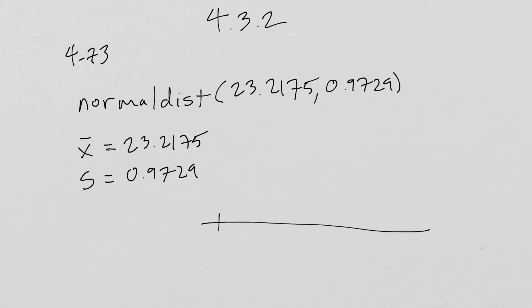So, again, we started at 18, and we went all the way to 28, and right in the middle, if we click on our curve there, it'll actually give us the top point. It's at 23.218, because that's what our mean is. It's the same as our mean that we have right here.